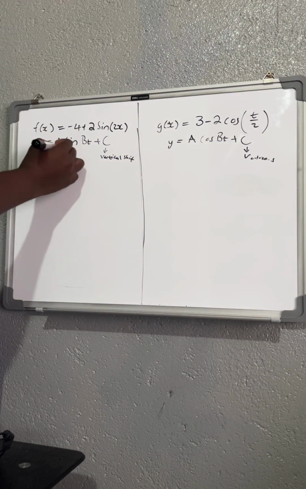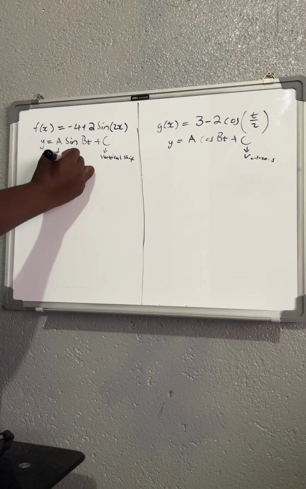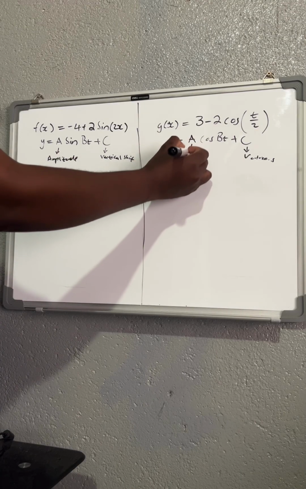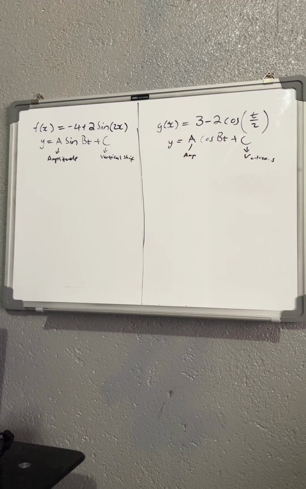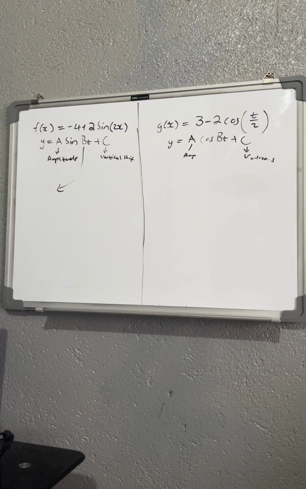So your A, it's your amplitude. Also applies to this one. This is your amplitude. Then comes your B.